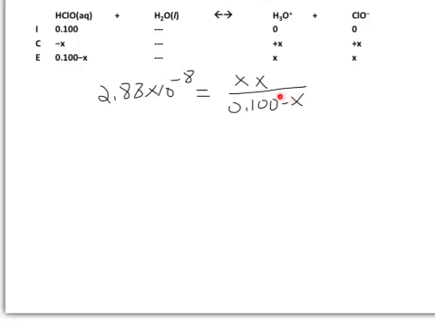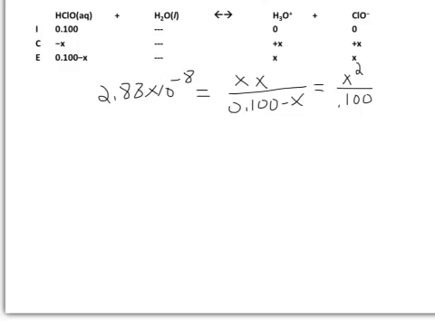So 0.1 minus x is basically just 0.1, and I can ignore the minus x in the denominator. I can rewrite the right-hand side of the equation as x squared over 0.1, so it becomes much easier to solve for x now.